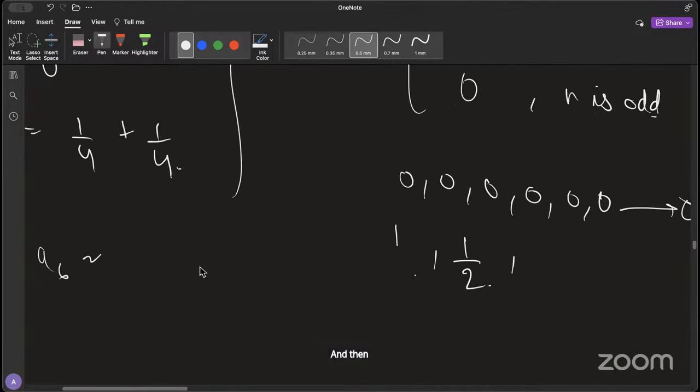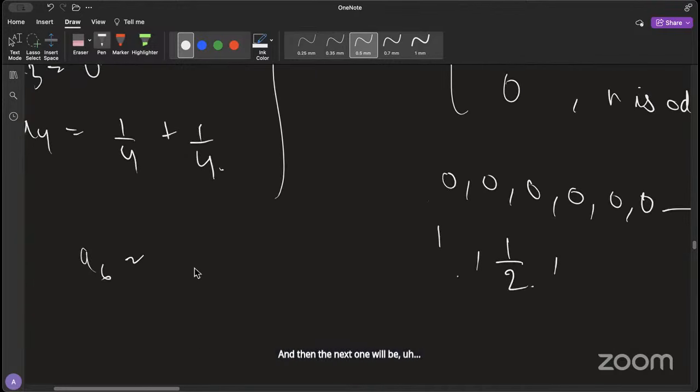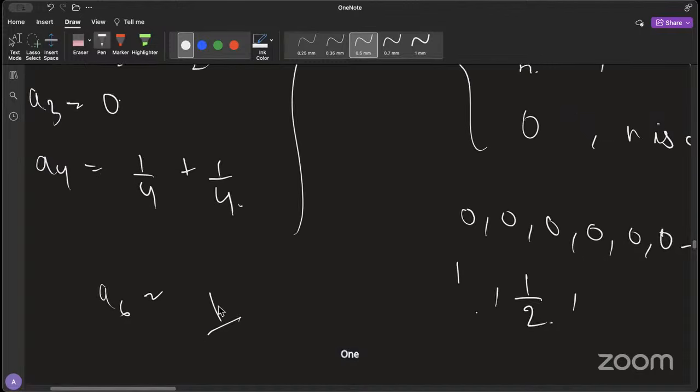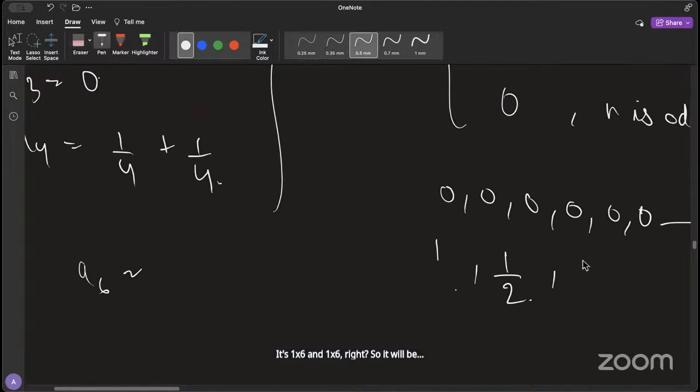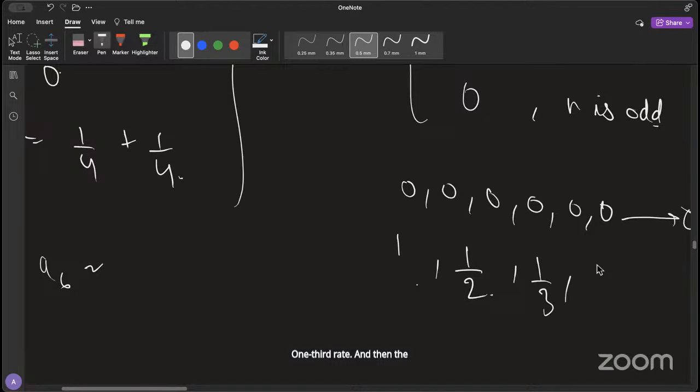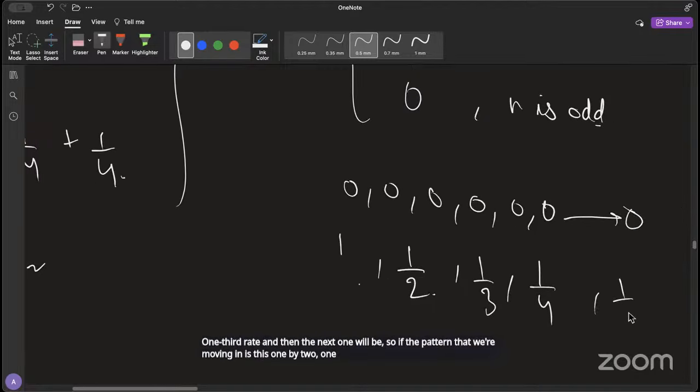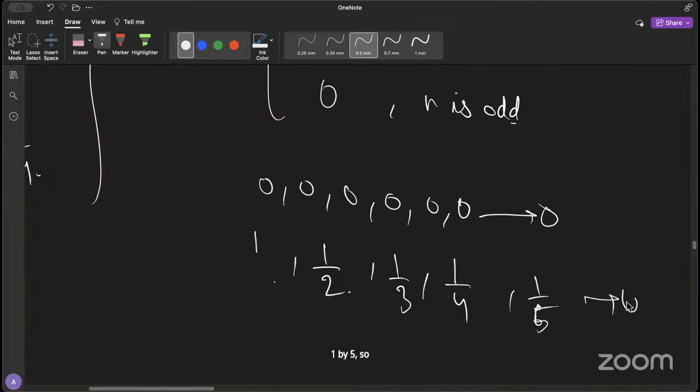And then the next one will be 1 by 6 and 1 by 6, so it will be 1/3, right? And if the pattern that we're moving in is 1 by 2, 1 by 3, 1 by 4, 1 by 5, it's again going to 0, right?